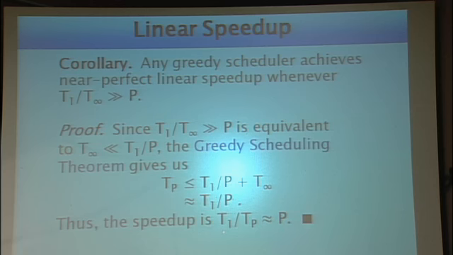Well, that just says that the speedup is about P. Okay? So the name of the game is to make sure that your span is relatively short compared to the amount of work per processor that you're doing. Okay? And in that case, you'll get linear speedup. And that happens when you've got enough parallelism compared to the number of processors you're running on.